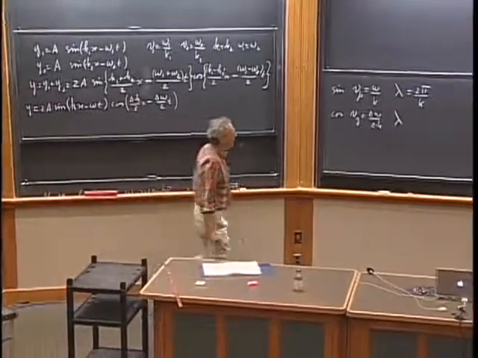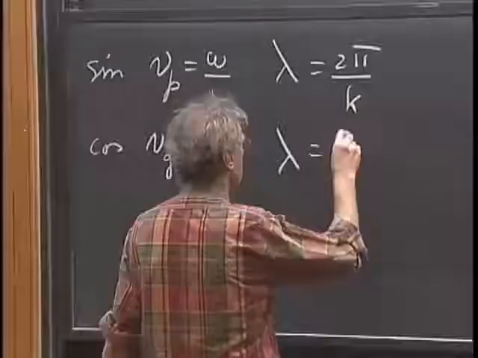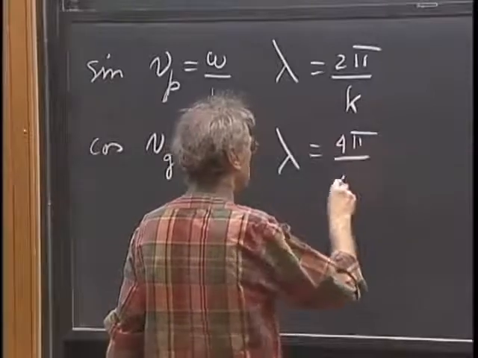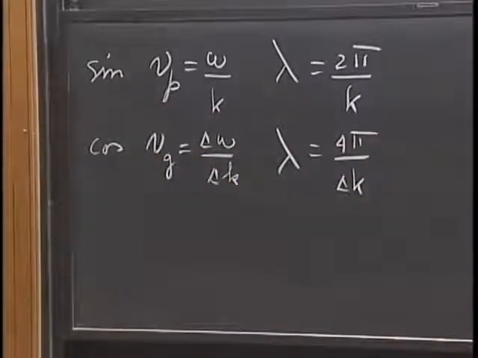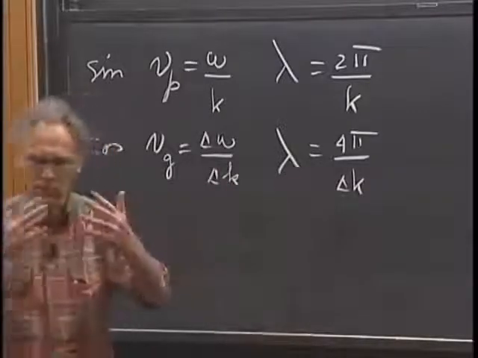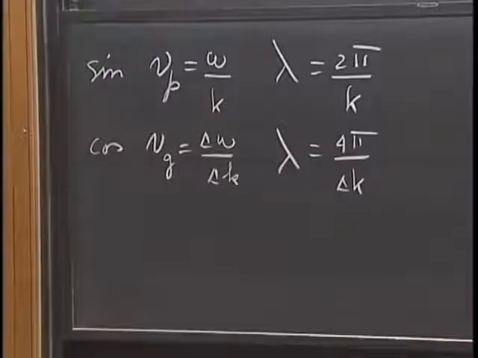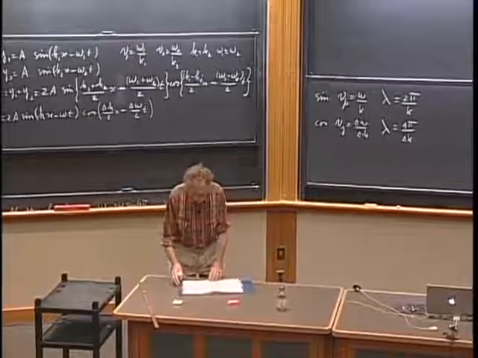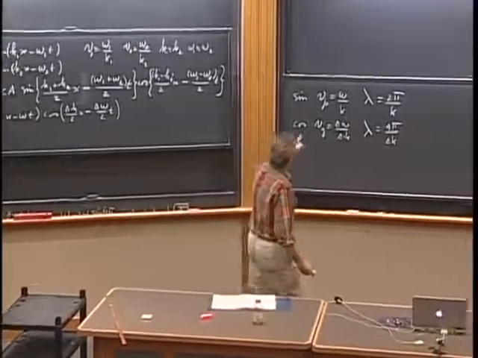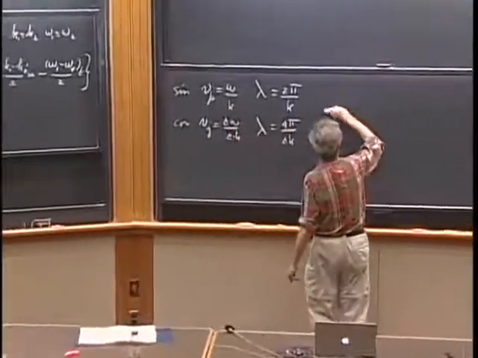So that is 4 pi divided by delta k. And if delta k is very small, then this wavelength, the repetition of the cosine, is way longer than the wavelength of the sine curve. If I made a plot of the sine curve, you would see this.